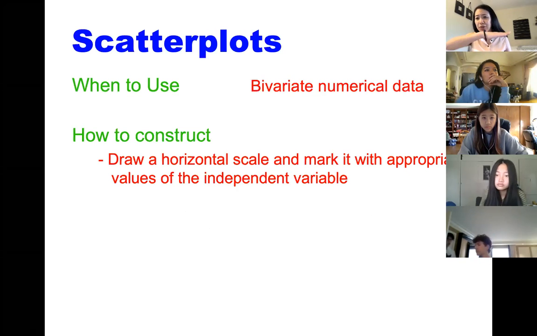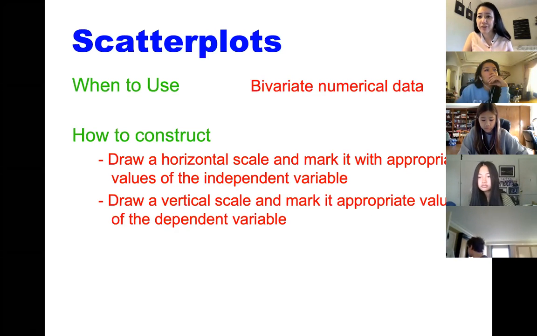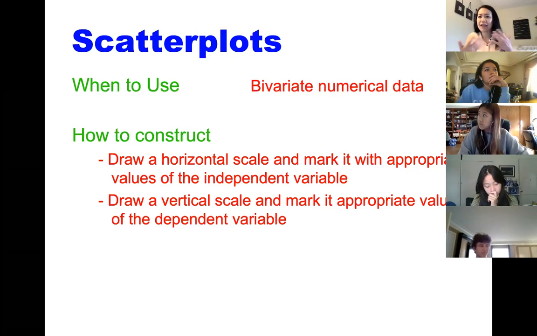How to make it: you start with a horizontal axis and mark it with appropriate values. And then you do a vertical axis and you mark it with appropriate values. It does matter what you put as the x variable and the y variable.